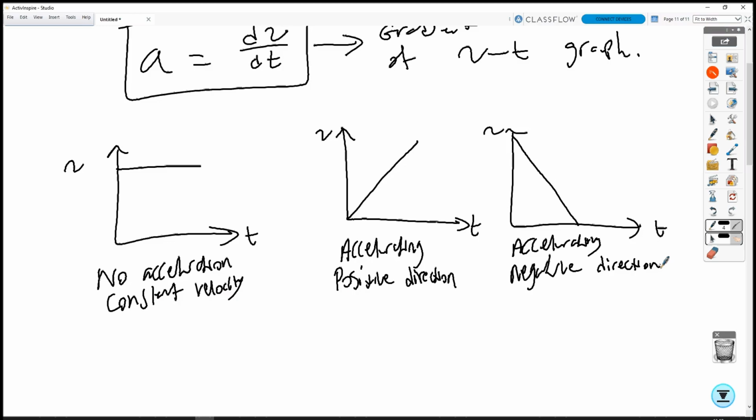Which initially does cause this object to slow down because its magnitude of velocity is decreasing. But once it crosses that x-axis and goes into negative velocities, after that point, it starts to act as an acceleration because it speeds up the object beyond that point. So if you were to extrapolate that graph beyond the x-axis to go into the negative velocities as a straight line that continues, then the object is speeding up.